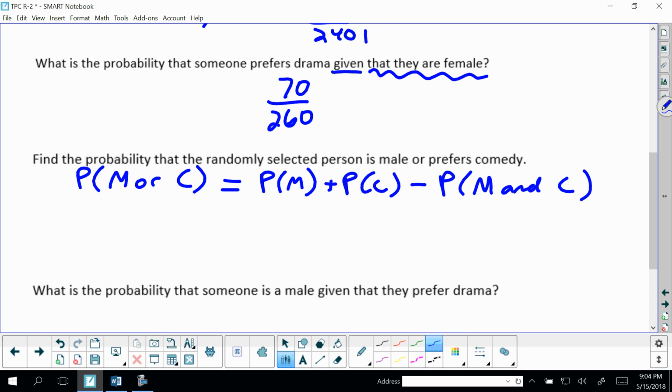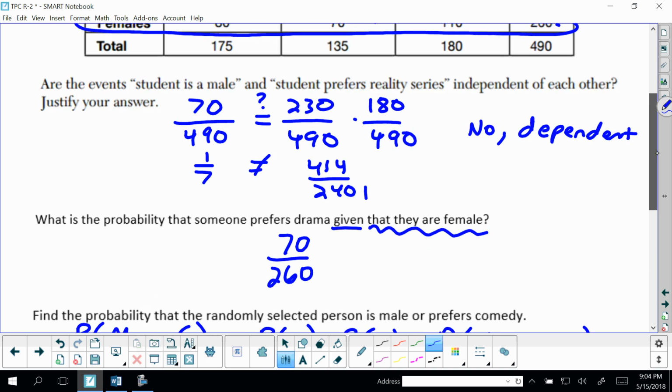So looking up at your chart, male or comedy, that's what we want to find. The probability of a male: we have 230 males overall out of 490. Plus the probability of liking comedy: we have 175 for comedy overall out of 490. And then minus, for the and, we want to see where they crisscross.